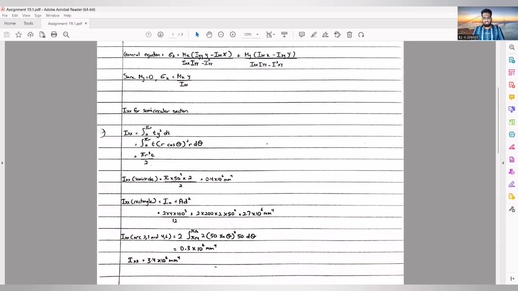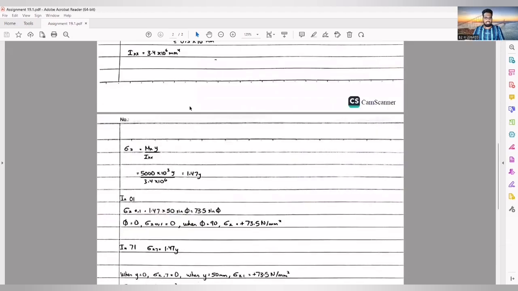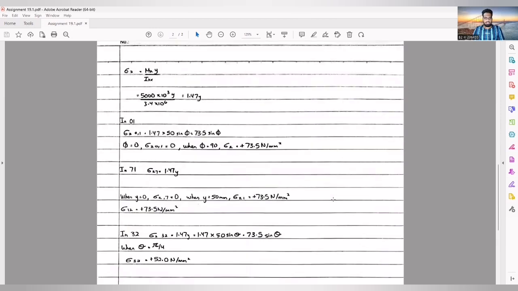Now we use the second moment of area in this simplified equation and substitute: 5,000 times 10 to the power of 3 over 3.4 times 10 to the power of 6 times y, so we get 1.47y.